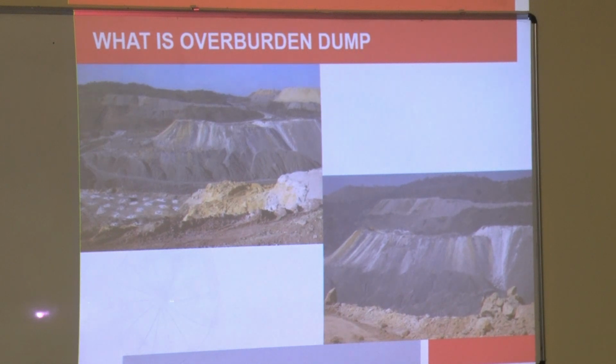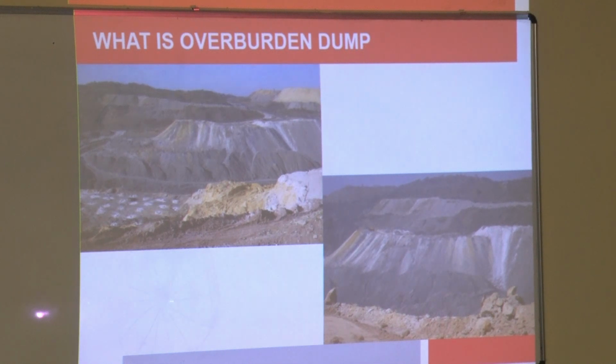Maybe it is already up by a few meters again. Can you think about handling this kind of material for 10 years? It's loose material, there is no compaction. So it's a very challenging problem for the mining engineers, and we need some solutions.